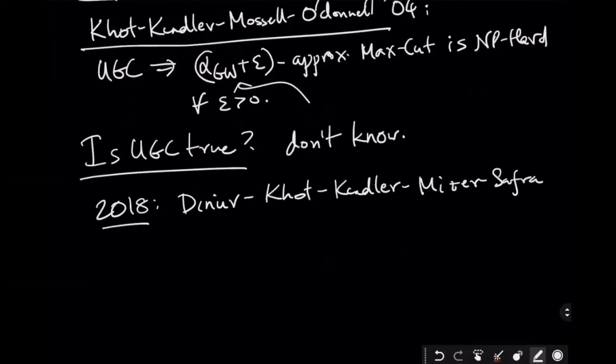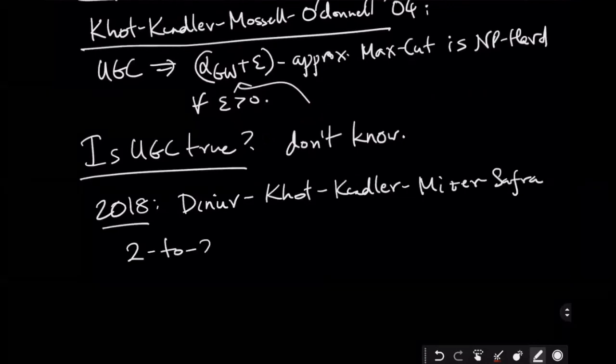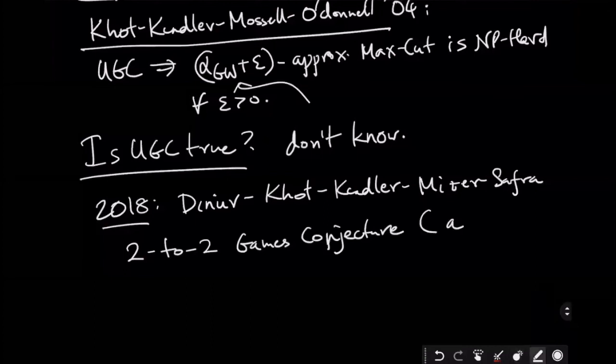they proved the so-called 2-to-2 games conjecture. Again, I'll describe this problem to you in the lecture when we study the unique games conjecture. But they proved the 2-to-2 games conjecture, which is kind of a close variant of UGC, but not quite UGC. They actually proved that this close variant of unique games is NP-hard.